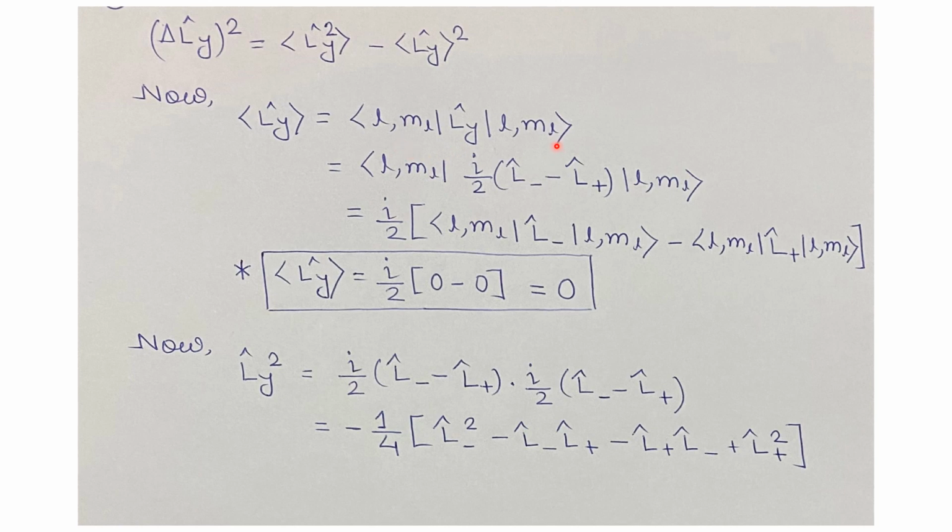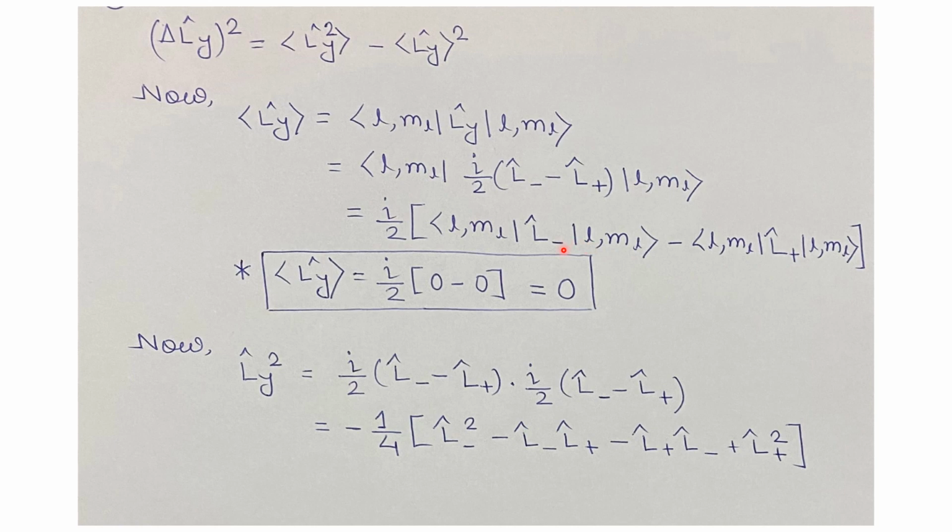Now we can represent this Ly as i/2 times (L minus minus L plus) in terms of the raising and lowering operators that we have seen in the earlier slides. So we are getting i/2 times this element, that is L minus sandwiched between this |L, ml⟩ state, that is the expectation value of the L minus operator. Similarly, minus the expectation of the L plus operator.